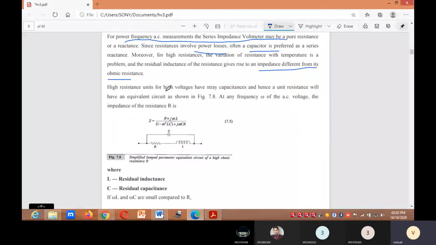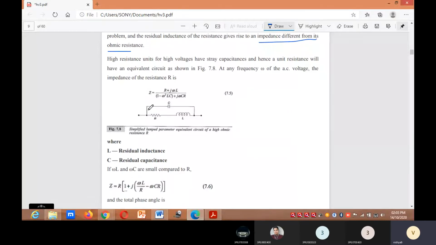High resistance units for high voltages have a stray capacitance, and hence a unit resistance will have an equivalent circuit. This is the lumped parameter equivalent circuit of a high ohmic resistance R, with resistance, capacitance and inductance.